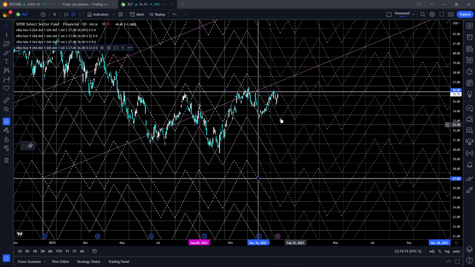We could see that instead it could move down here. And then the possibilities start to expand. We can see movements into these lower levels here. And this would be very detrimental for any bull run that's going on right now. It's pretty fragile. And with financials falling down, bull runs don't happen.